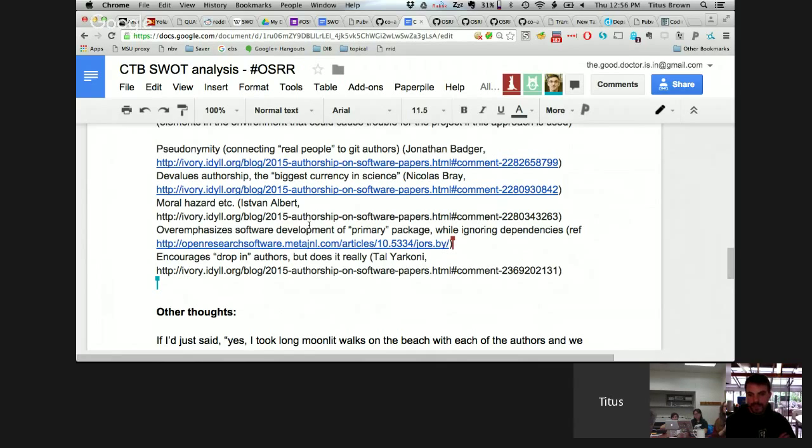In fact, if you look at the dependencies for our software package, we depend entirely on Python, for example. There's a large community of people maintaining the Python software ecosystem, and we don't put any of them on as authors, despite the fact that we rely completely and utterly on Python and Linux, basically. Well, not Linux necessarily, but the POSIX operating system interface for everything our package does.